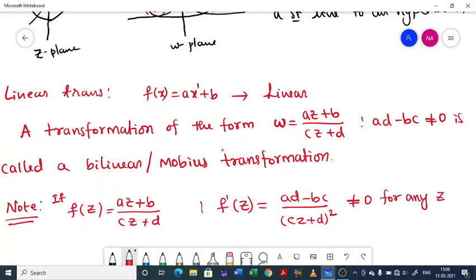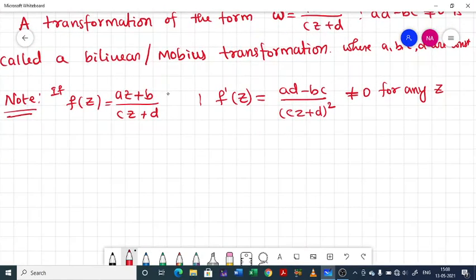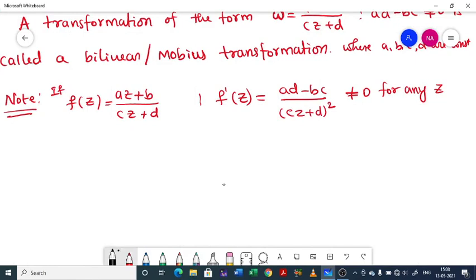So for any z, the value of f dash of z is non-zero. That means the bilinear transformation is a conformal transformation.